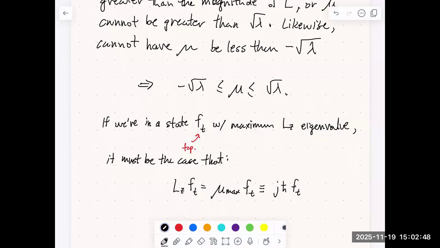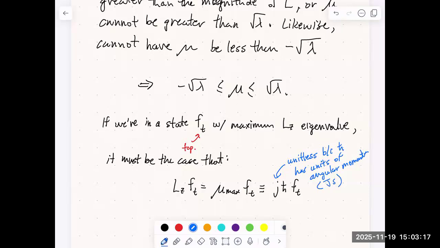So h bar has the units of angular momentum, so I'm going to pull that out. And then j is some dimensionless quantity, unitless, because h bar has units of angular momentum, which happens to be joule seconds.